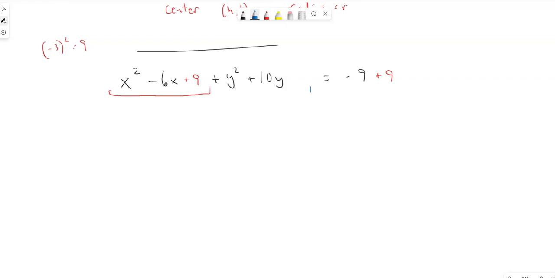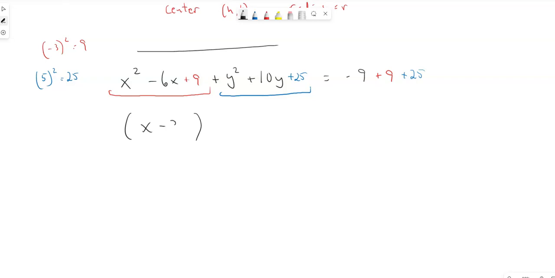Over here with the y's, I've got y squared plus 10y. Half of 10 is 5. Square it, I get 25. So add a 25 here, add a 25 there.